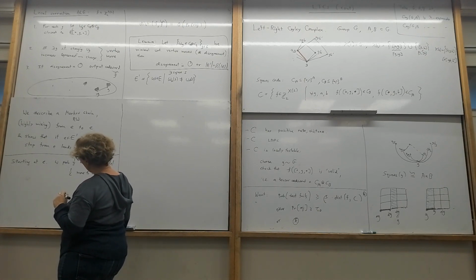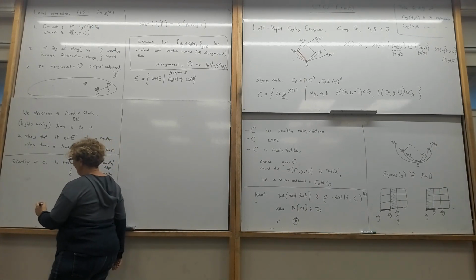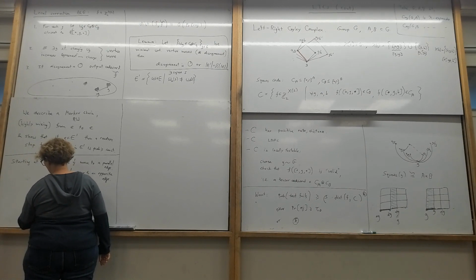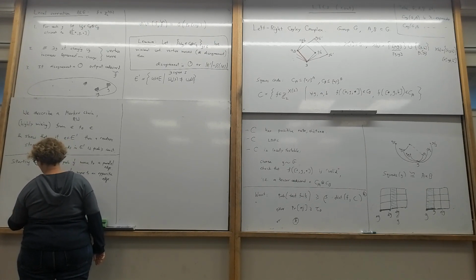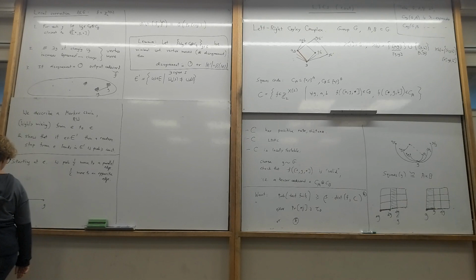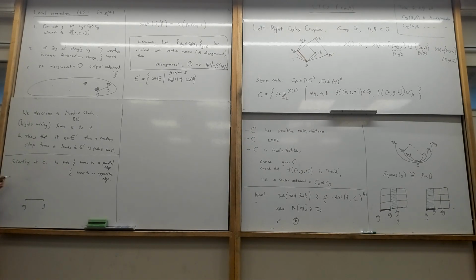Okay, so what is a parallel edge and what is an opposite edge? So if I have my edge G connects to AG, a parallel edge is to choose some random B and go to this edge. It connects AGB to GB. Okay? A parallel edge, if your B edge, is to choose a random A and to move to this edge. So basically you choose a square that contains your edge and then you move to the edge that is disjoint.